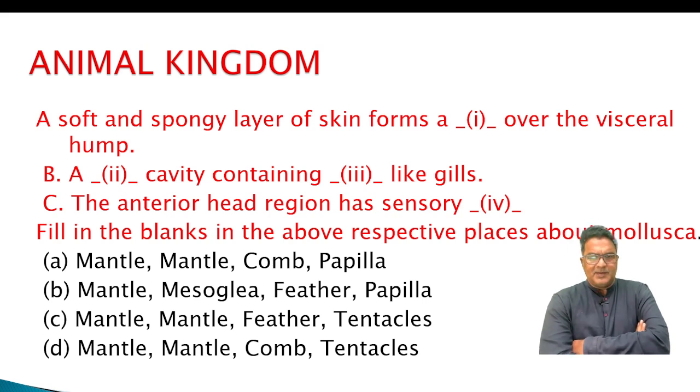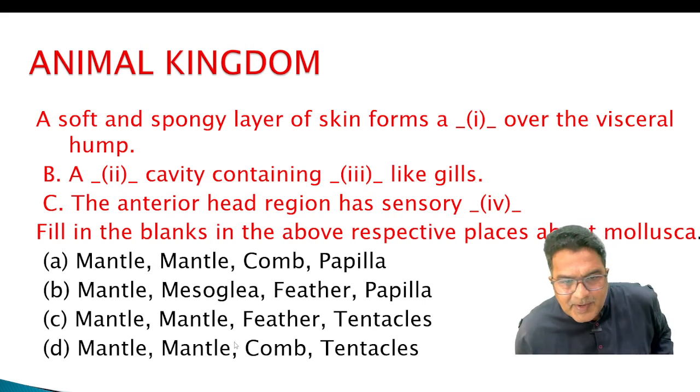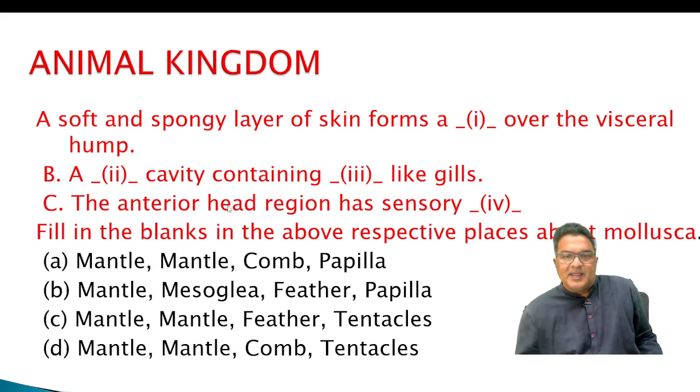Mantle cavity itself. So we have A, C, D. Then what type of gills? Comb plates is the characteristic feature of Ctenophora, so I should go with feather-like. So, mantle cavity, feather-like. Anterior head region has sensory tentacles.